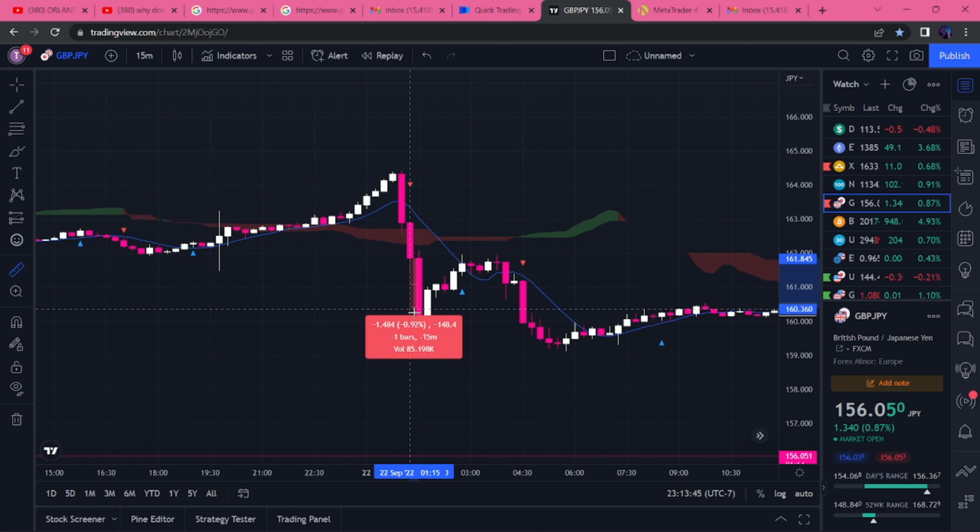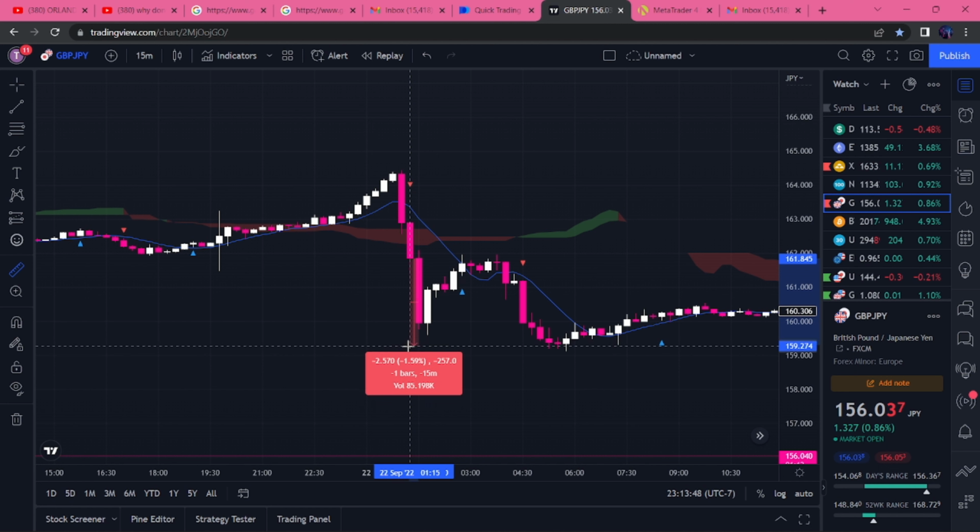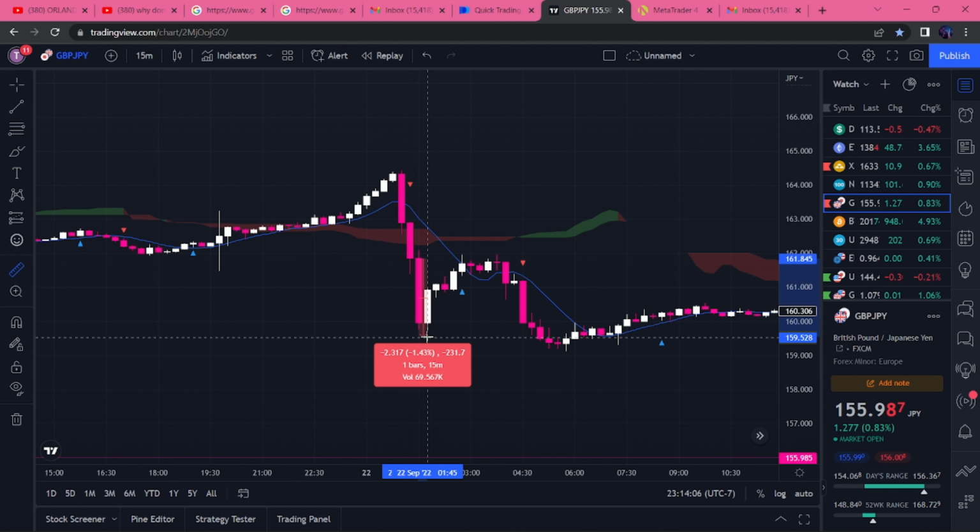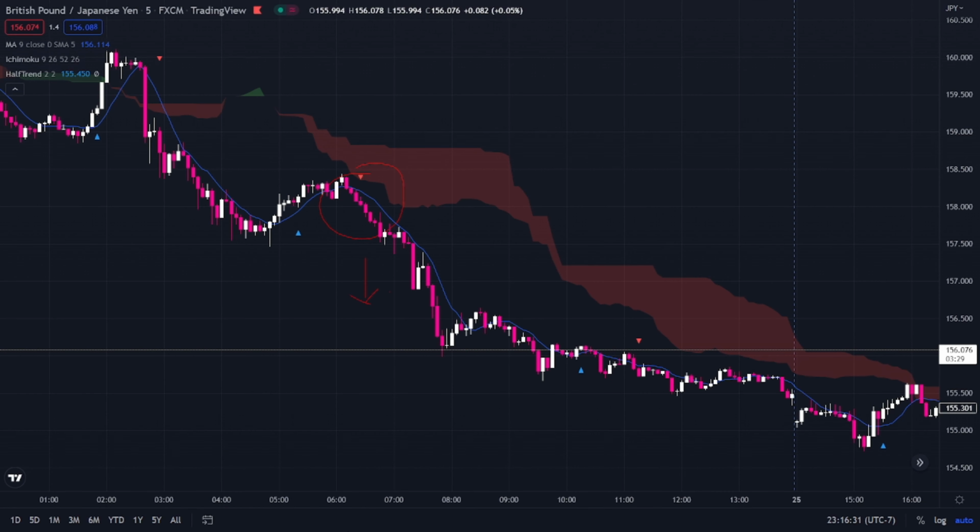And we write it down. So this was a very huge move to the downside, and it happened within 15-30 minutes.